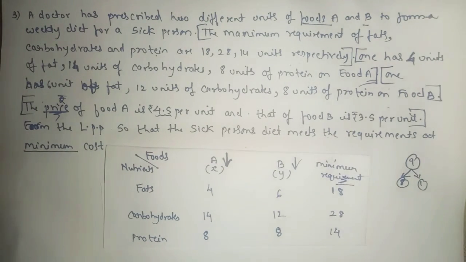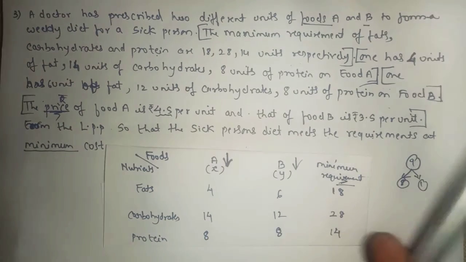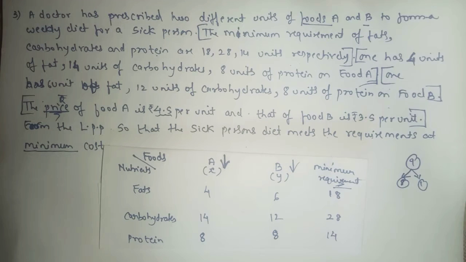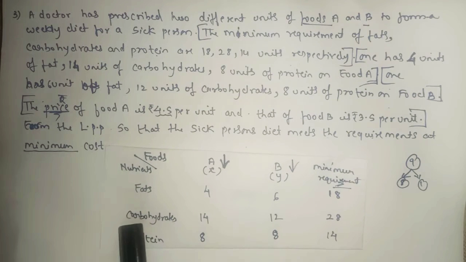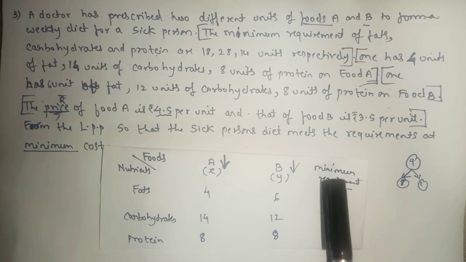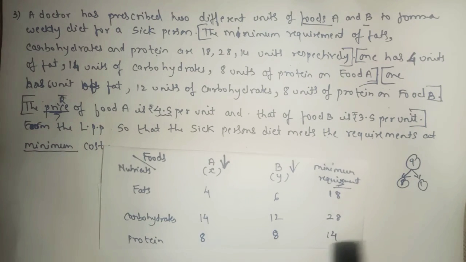Once again I will explain the sum. The minimum requirement of fats, carbohydrates, and protein are 18, 28, 14. The minimum requirement is your third column.